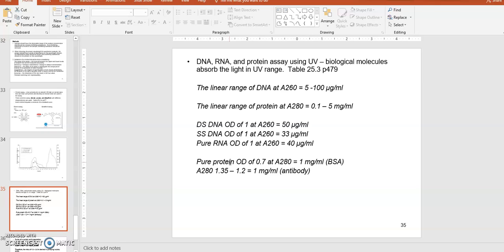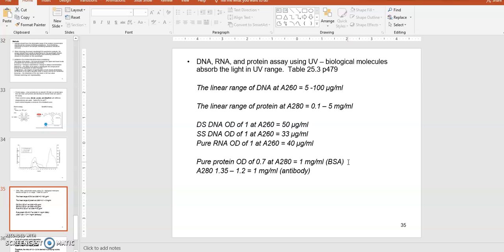But if you have to use it, then instead of 260, you use 280, and you assume that OD of 0.7 if you're using that absorbance for like a BSA protein calculation, and 0.7 equals 1 milligram per mil. Okay, that reference point should be used for what? Only for BSA sample, not other proteins.